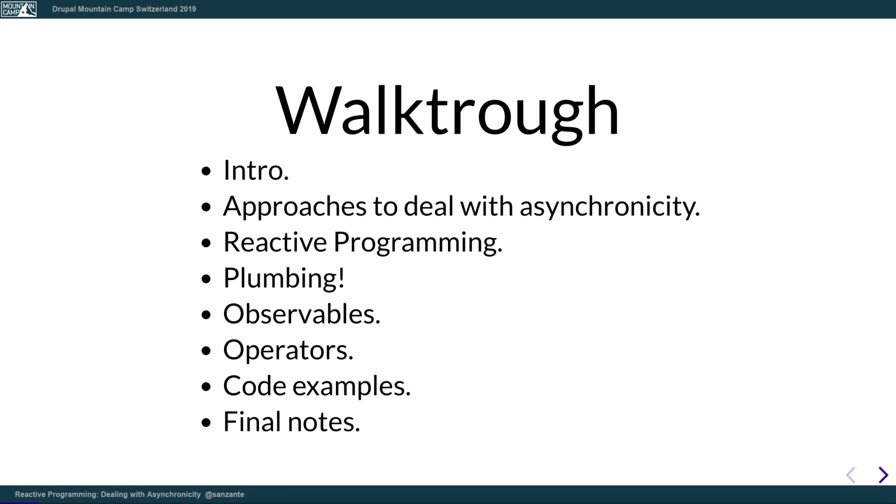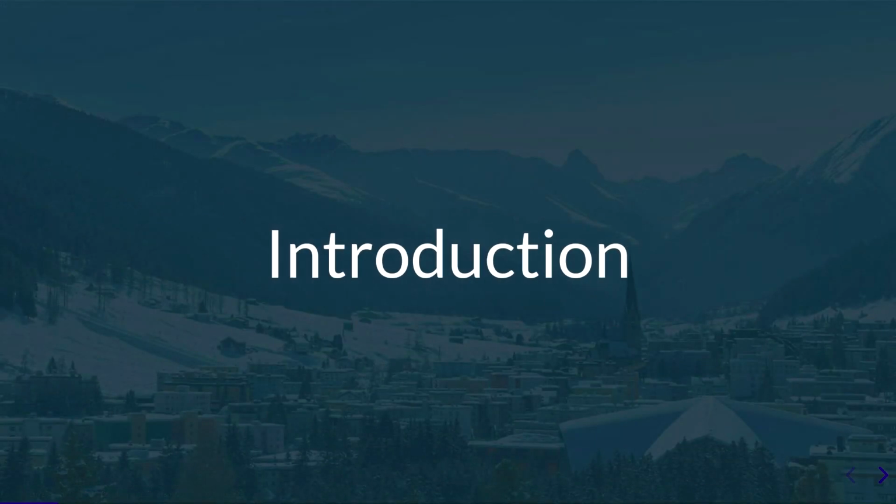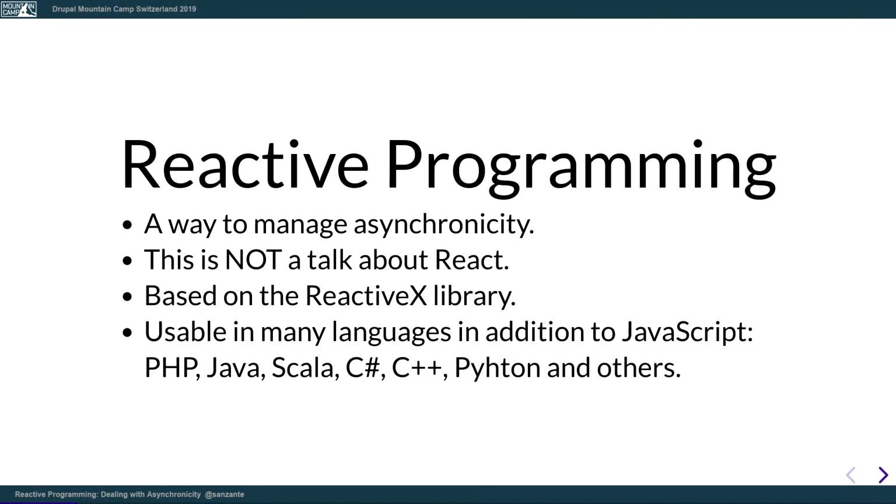So the walkthrough of this talk is here. We are going to talk a little intro about reactive programming, then the approaches to deal with asynchronicity. Then we'll talk about reactive programming more deeply. Then plumbing, because reactive programming is about creating a plumbing system for the data.